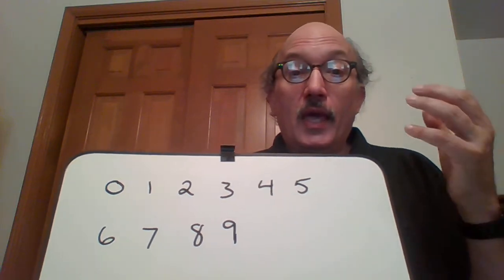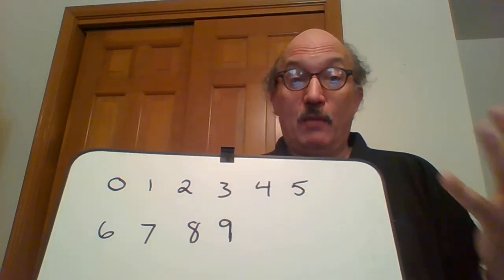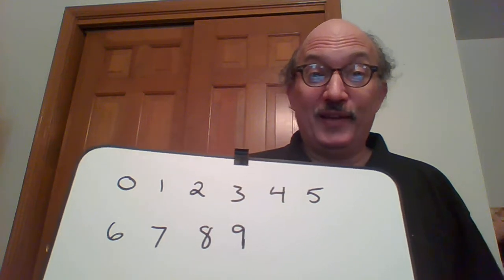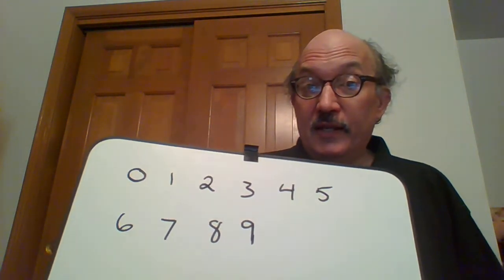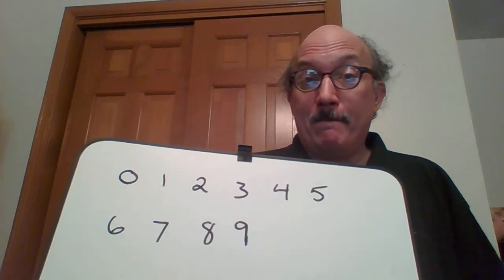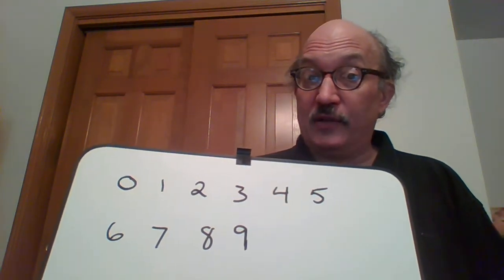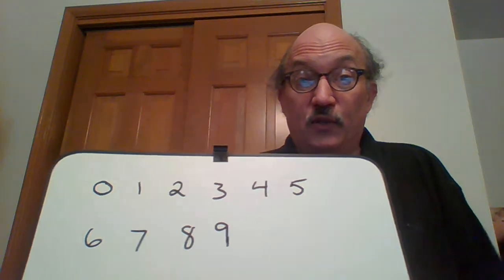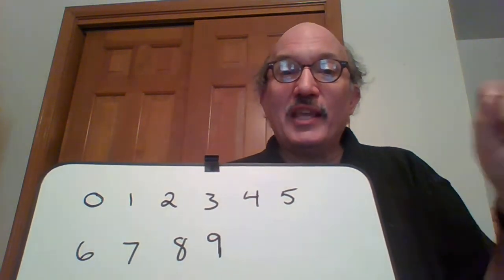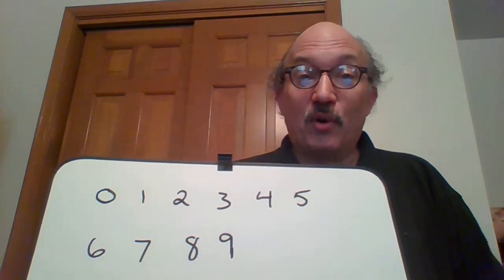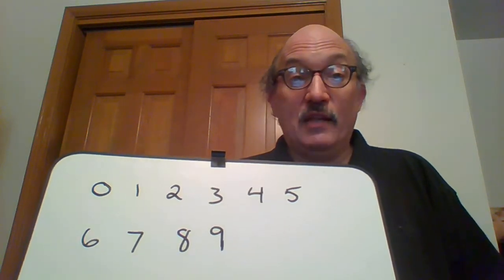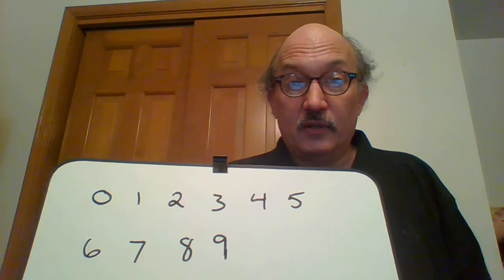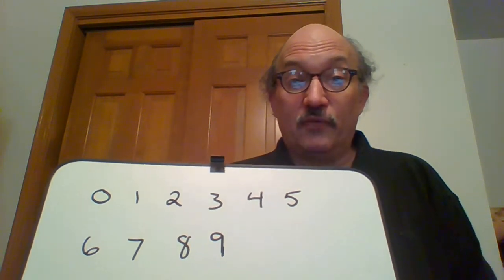Well, if a prime number greater than 2 ends in 0, 2, 4, 6, or 8, it cannot possibly be prime because it would have 2 as a factor. Now, 2 is prime because its only two factors are 1 times 2, but any other even number is not prime because it would have 2 as a factor. The number 84 has 2 as a factor. The number 96 has 2 as a factor.